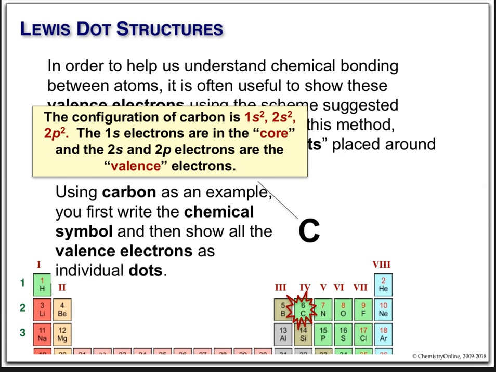So what Lewis had to do was to take our symbol for carbon and put little dots around it. Now the convention is to do north, south, east, west. I will do that. There is one rule. The rule says you put them all in as individual dots until you get to 4. Then you start to pair them up. Okay, carbon, 4 dots.